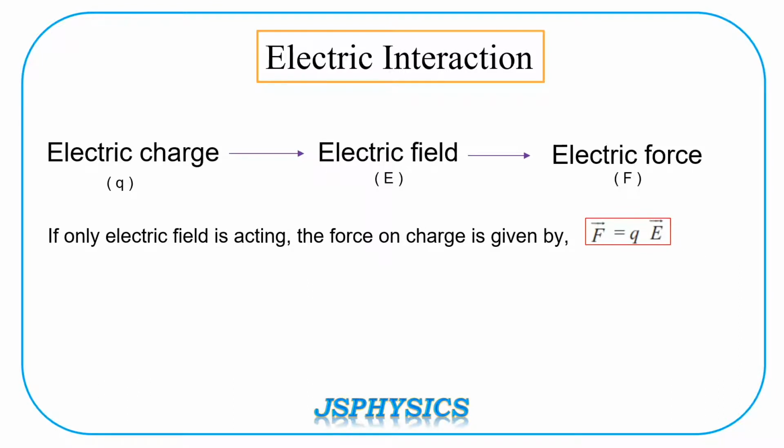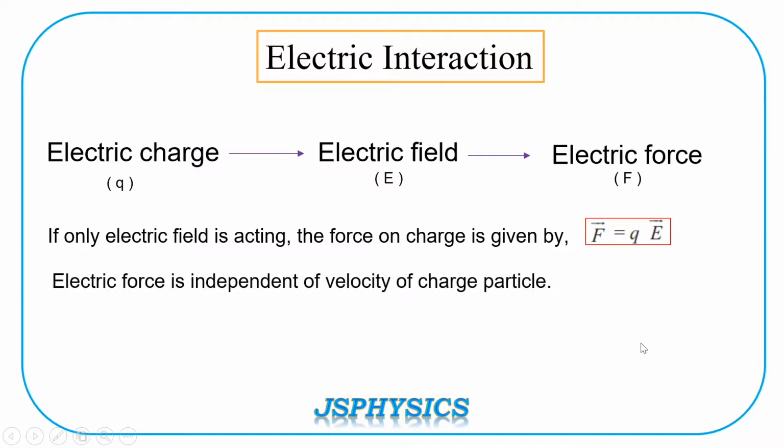And that's how we get the force is equal to Q into E. That means whenever a charge is kept in the electric field, it will experience a force. Now, if it is a positive charge, the force will be plus Q into E. If it is a negative charge like an electron, then it is minus E into E. Now we can also make out from the formula that the force is not dependent upon the velocity of the charge.